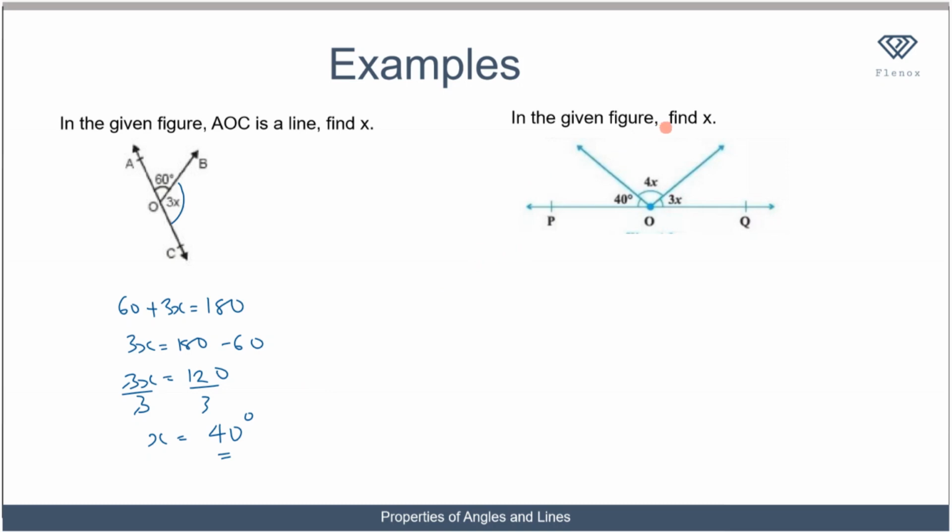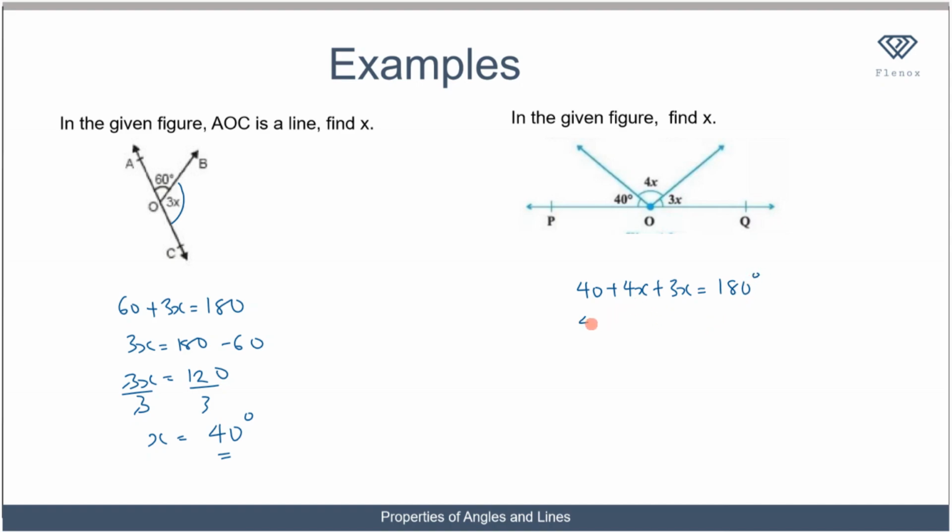The same thing applies to this question over here. I know that POQ is a straight line. So the sum of all these angles here must be equal to 180 degrees. So I know that 40 plus 4x plus 3x must be equal to 180 degrees.